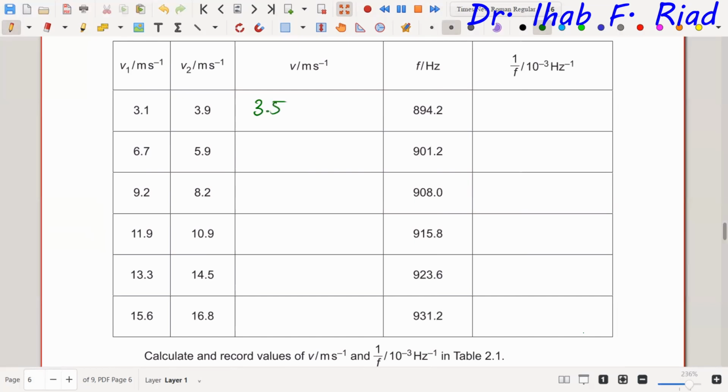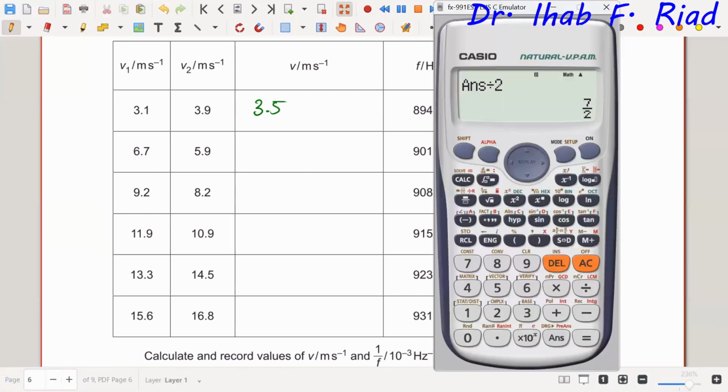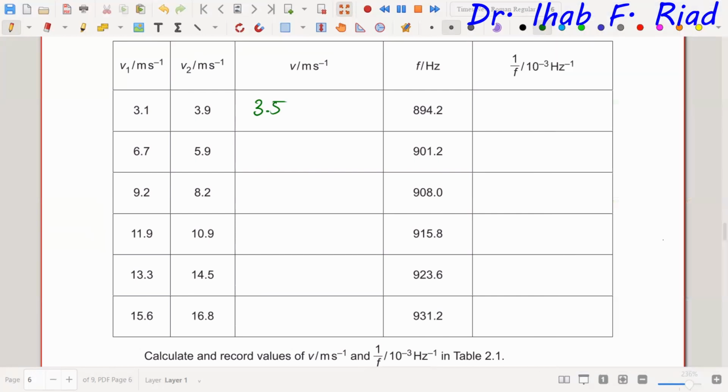What about the absolute uncertainty in this one? How to calculate? It is the maximum minus the average. So it is 3.9 minus the average, 3.5, which is 0.4.